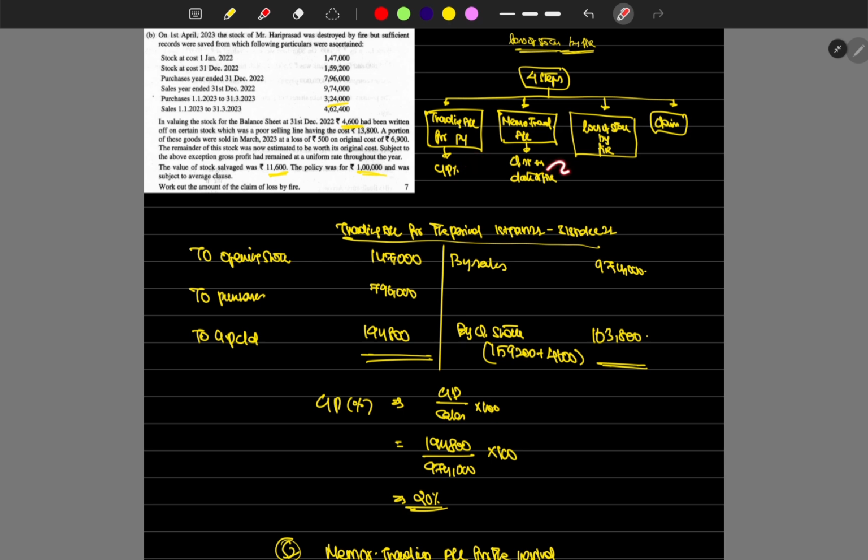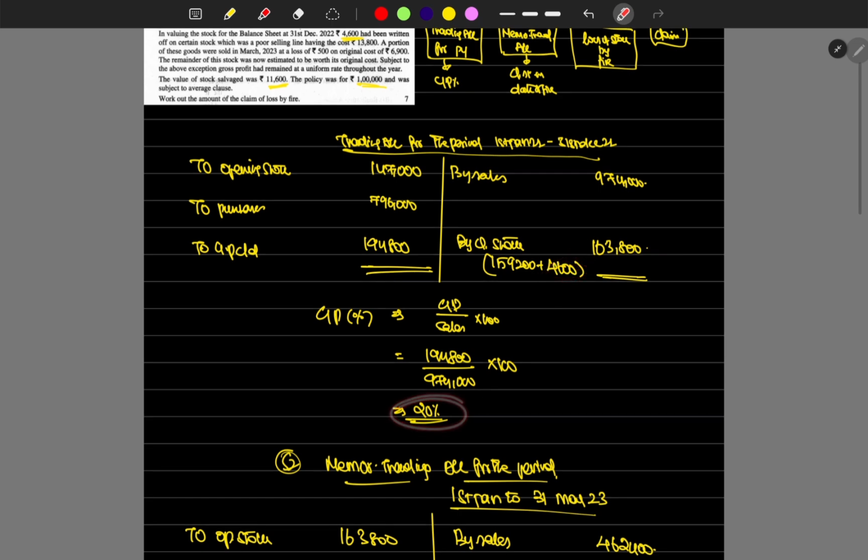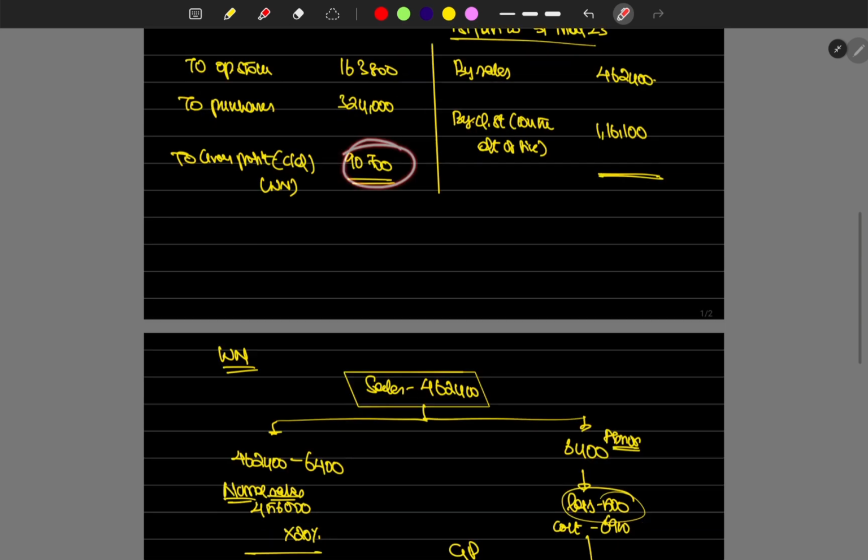So we have got both the figures, and they are also given some other poor selling item which has been actually returned or removed from the books, but since it has been sold in the next year, they have added back to the closing stock level and found out the GP percentage as 20%, right?